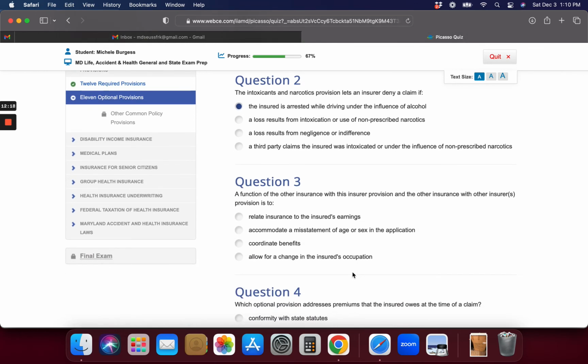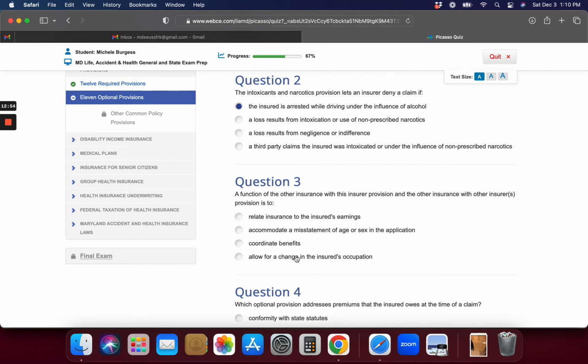All right, a function of the other insurance with a provision and other insurance with a provision is a function of the other insurance with this insurance provision and the other insurance with the other insurance provision is, oh my God, talk about confusing wording.